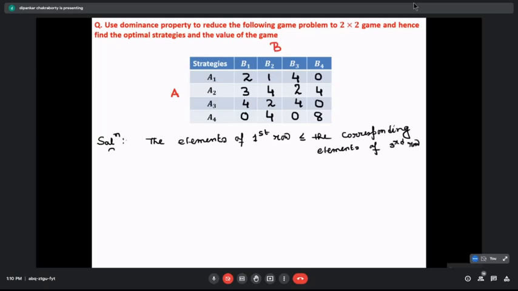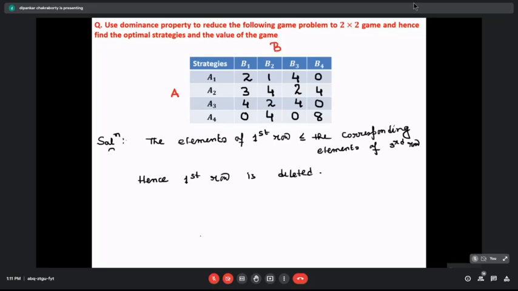So which row is going to be deleted? Hence, delete the first row.